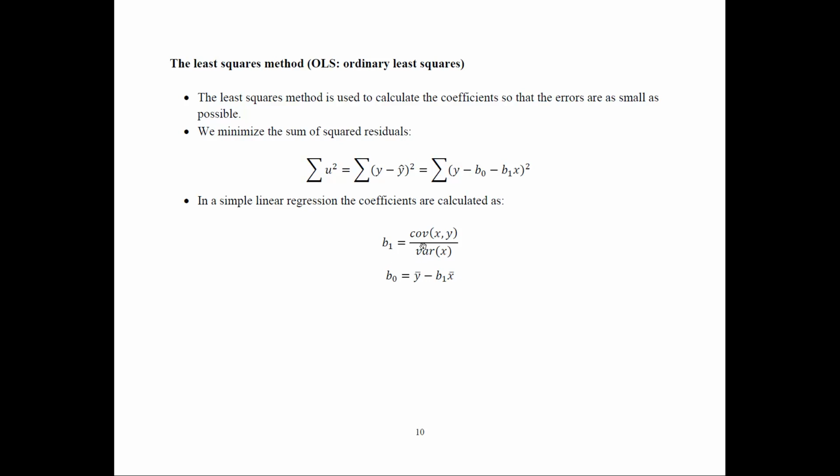B1 would be equal to the covariance of x and y divided by the variance of x. And B0, the intercept, would be equal to the average value of y, y bar, minus B1, the coefficient that we get here, times x bar, the average value of x. And that's how we can calculate manually by hand or by Excel the coefficients in a simple linear regression model.